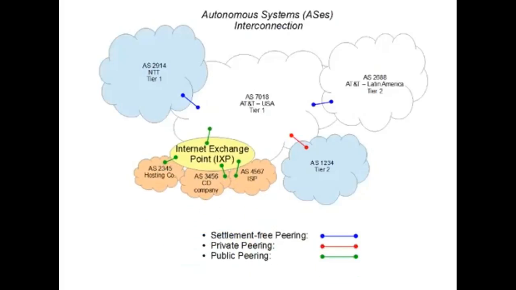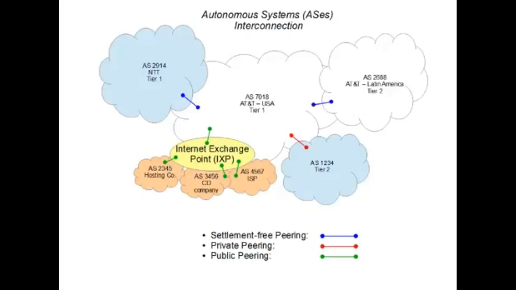A third and very popular kind of interconnection is public peering. Public peering occurs at inter-exchange points, IXPs. Those used to be called Network Access Points, NAPs, but the name has changed to IXP. An IXP is generally run by a nonprofit group that is facilitating exchange of traffic among networks. It essentially looks like a large Layer 2 network that provides Layer 2 connectivity between all of these companies.